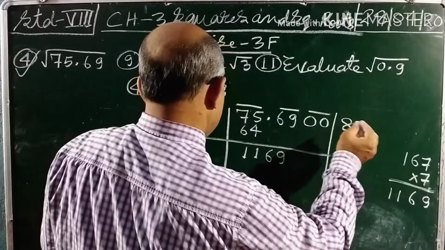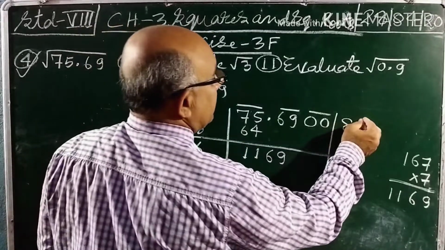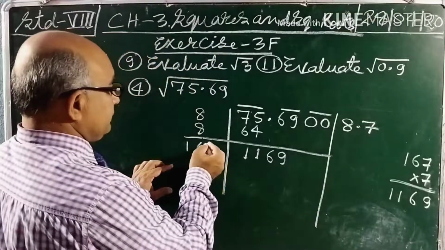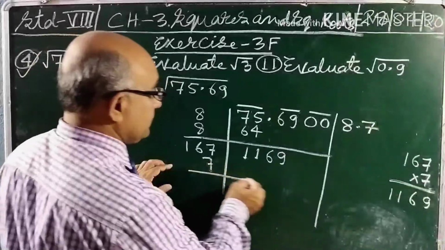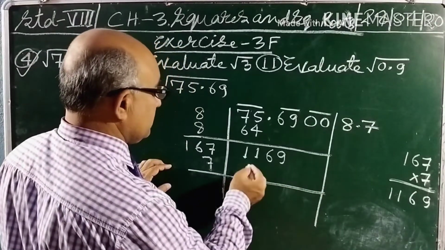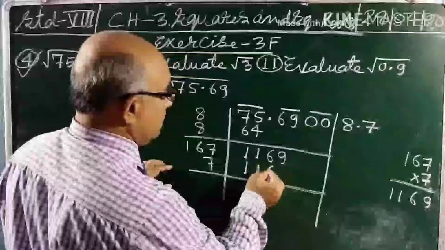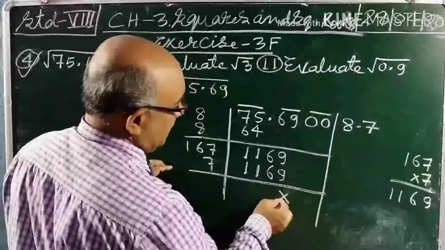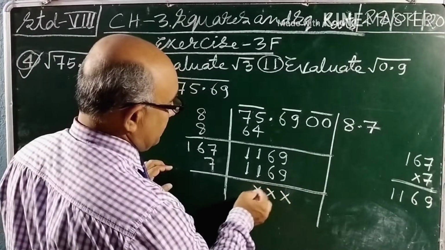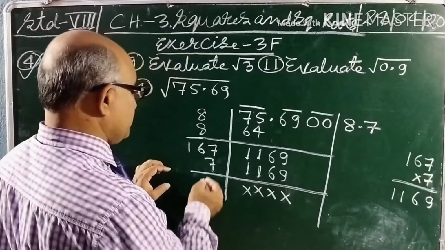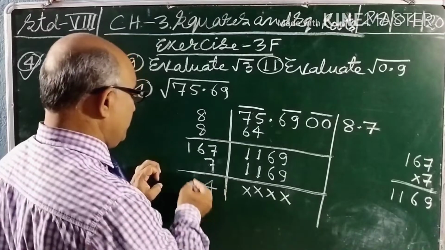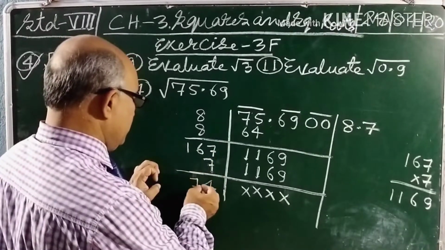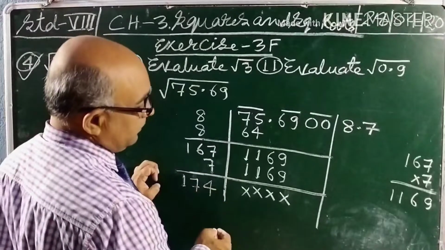So now it is 7 times, divisible by 7 times. So write here 1 1 6 9. 9 9 cancel, 6 6 cancel, 1 1 cancel, 1 1 cancel. 7 7, 7 plus 7 is 14, 4, 6 plus 1 is 7, 174.